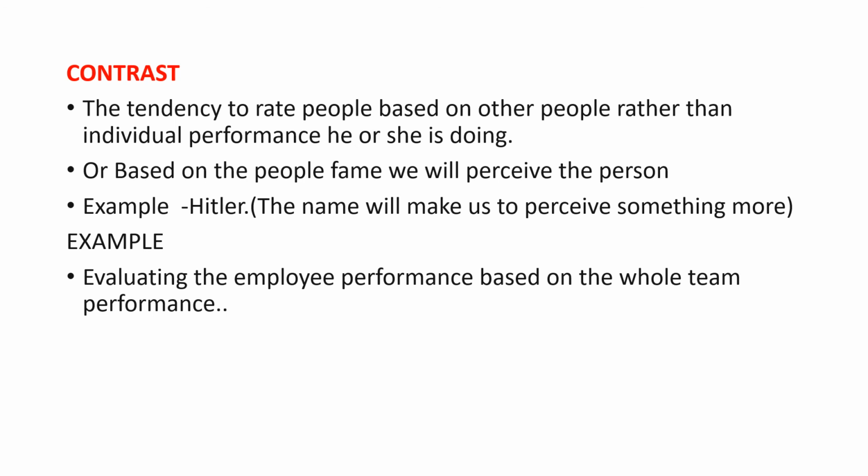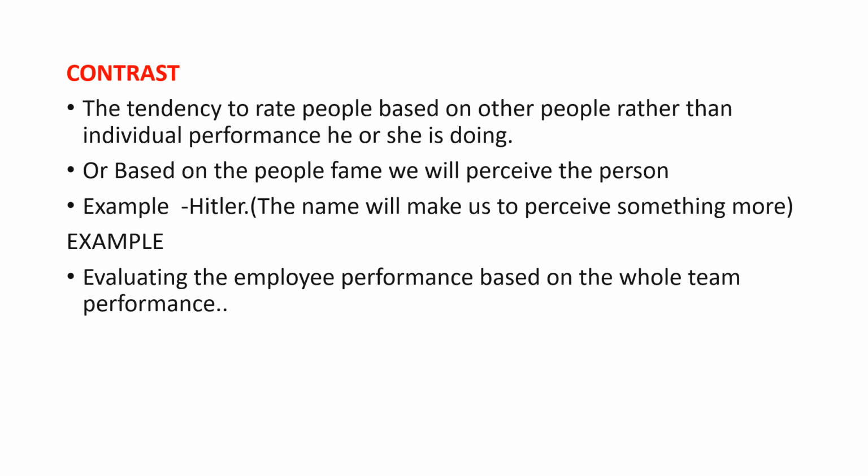Then contrast: the tendency to rate people based on other people rather than on the individual performance he or she is doing. Very simply, you will understand if you read this example. In a group, in teamwork, some team tasks will be there. A particular person is doing a lot of hard work, he or she took a lot of effort.